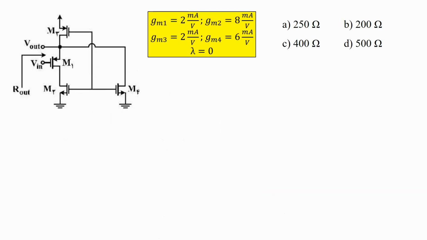Let's jump into it. Here it's our circuit, and these are our assumptions, and here are the possible answers for this question. So what is the method that we're going to use to calculate Rout? Well, here is the situation.